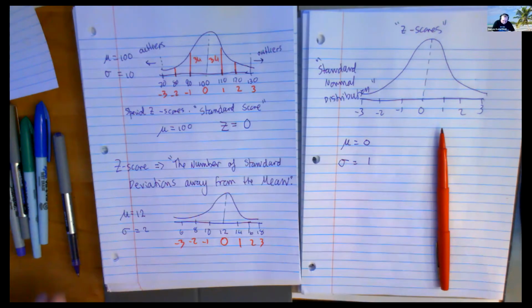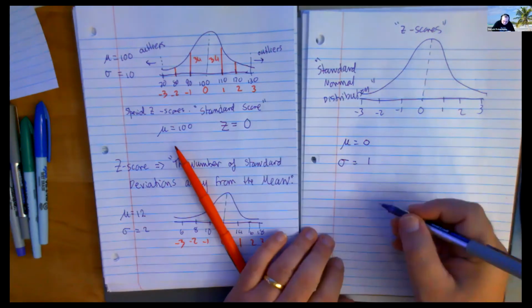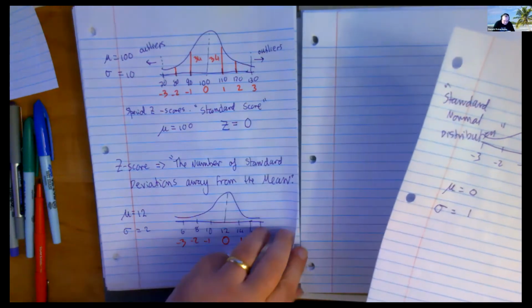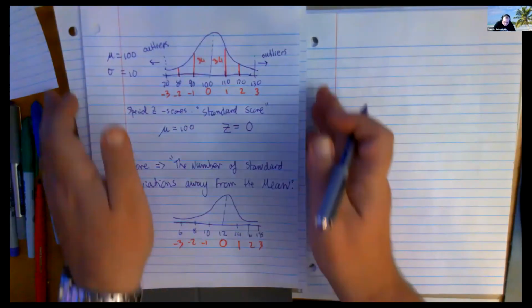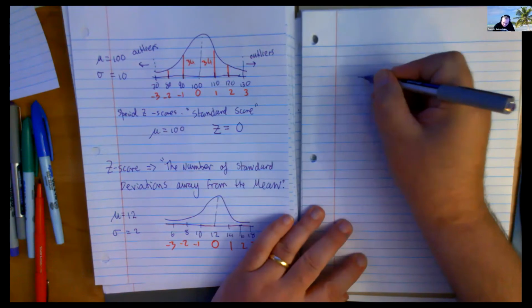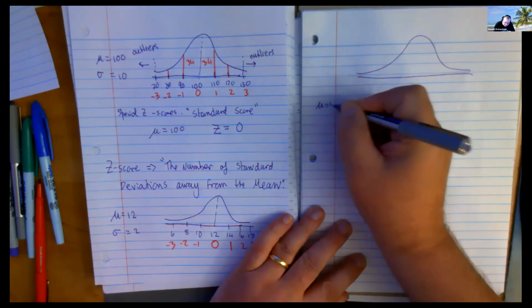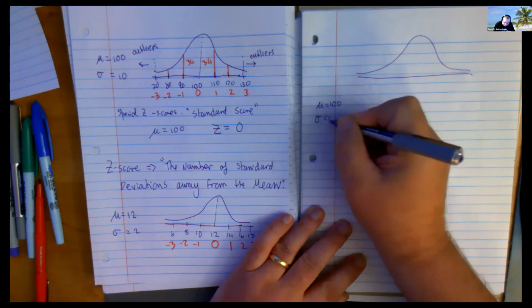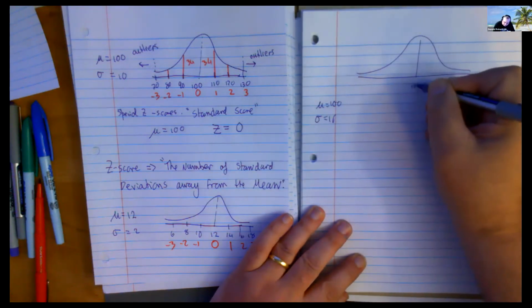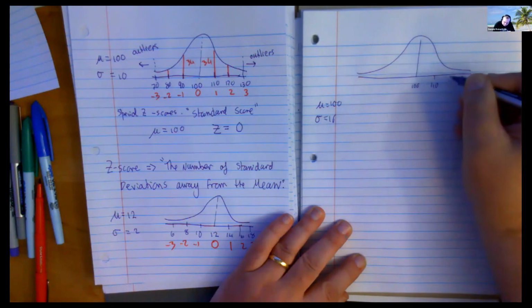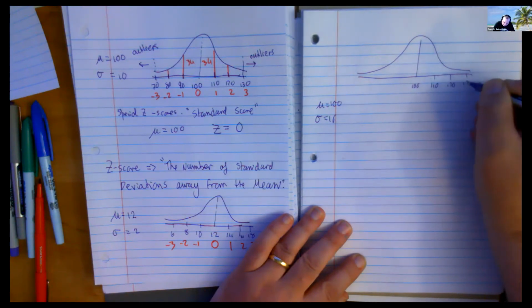I couldn't, for instance, ask this question. So I'm going to do this on a new piece of paper, so you're going to have to be patient for a minute while I write it down. Here is my IQ one again, because I like the numbers. There's 100, there's 110, there's 120, here's 130.